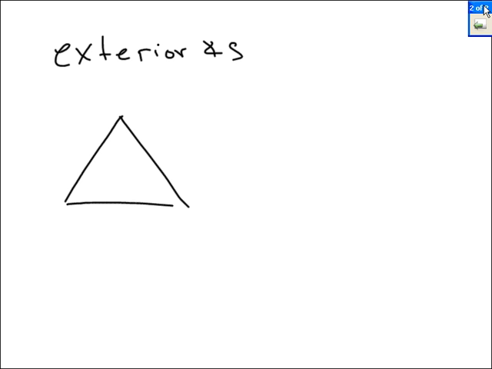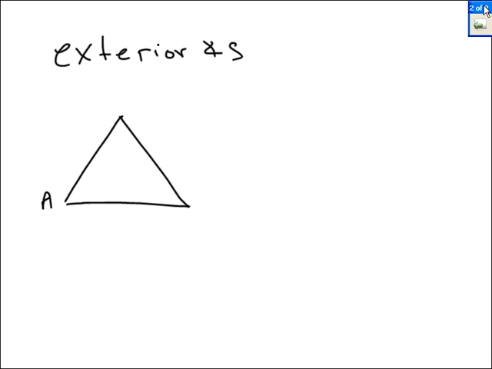Okay. Next thing we'll talk about is exterior angles. Remember, exterior means outside. When it comes to a triangle, an exterior angle would be outside the triangle.